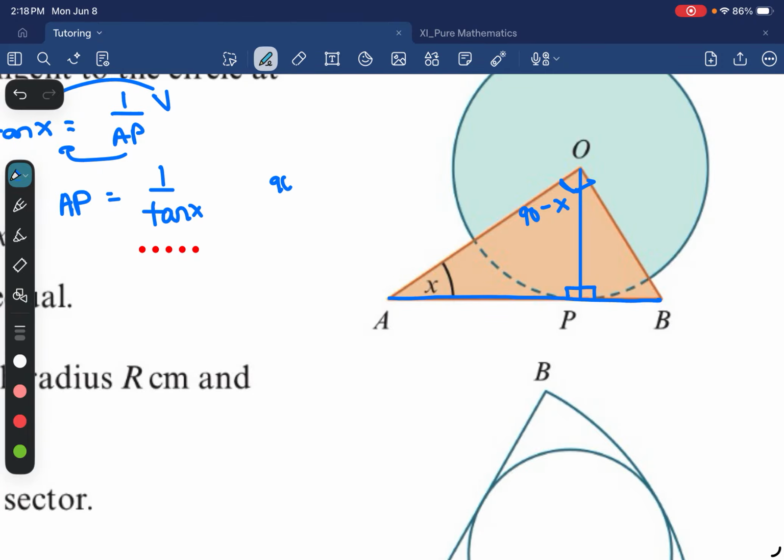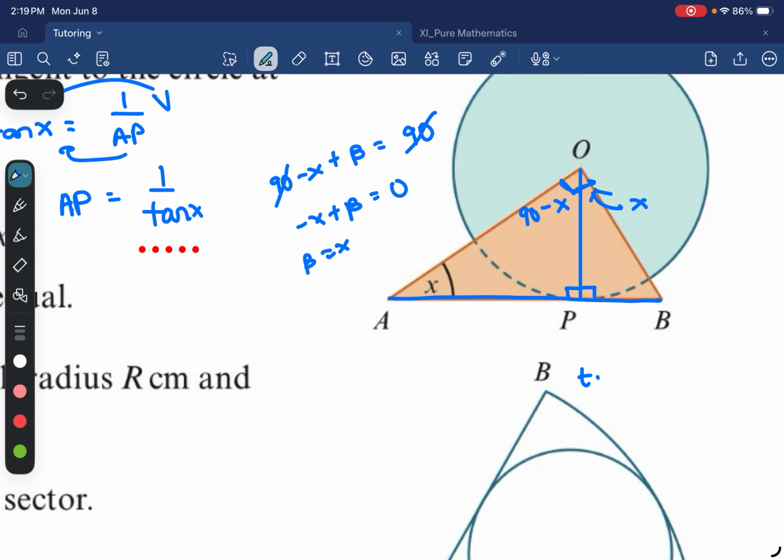So 90 minus x plus this angle, which I'm going to call beta, should equal 90 as well, because this was previously our 90 degrees, right? Because this triangle is a right angle. The orange triangle is a right angle triangle. All right, so subtract 90 on both sides. You get minus x plus beta is equal to 0, and beta is equal to x. So this angle is going to be x.